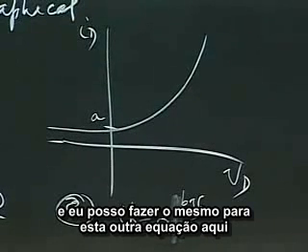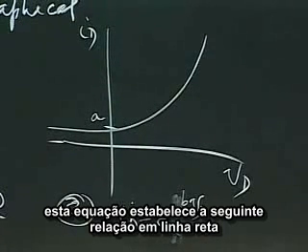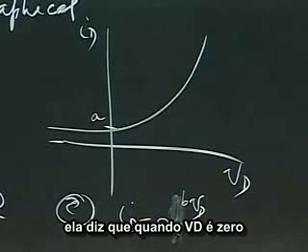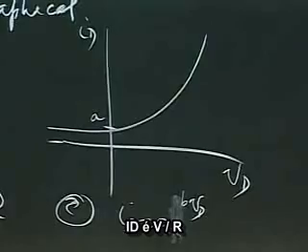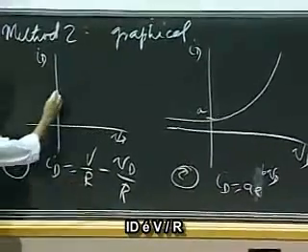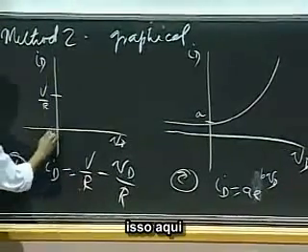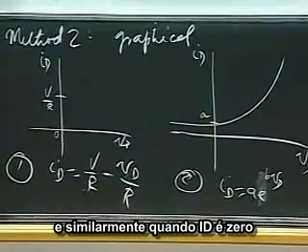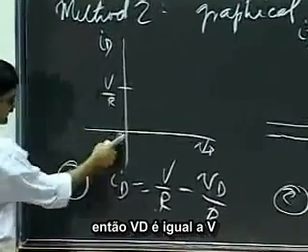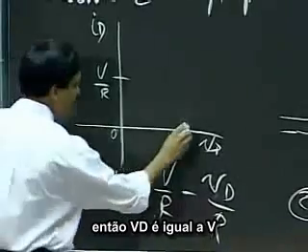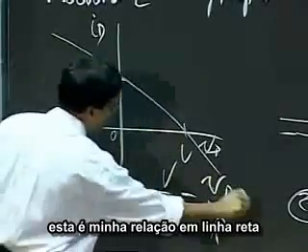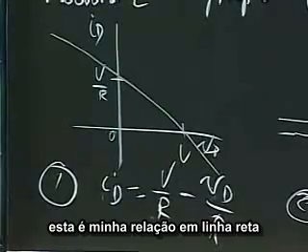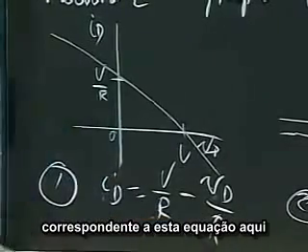And I can do the same for this one here. This equation establishes the following straight line relationship. When VD is 0, ID is V divided by R. So that's here. And similarly, when ID is 0, then VD is equal to V. So I get something here. That's my straight line relationship corresponding to this equation.